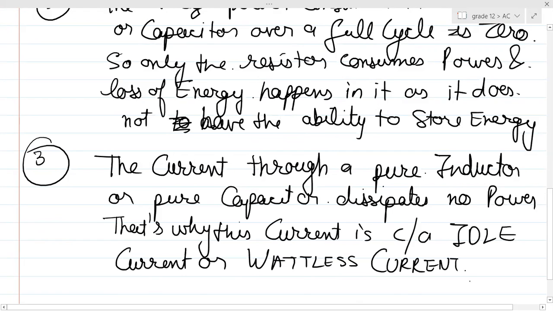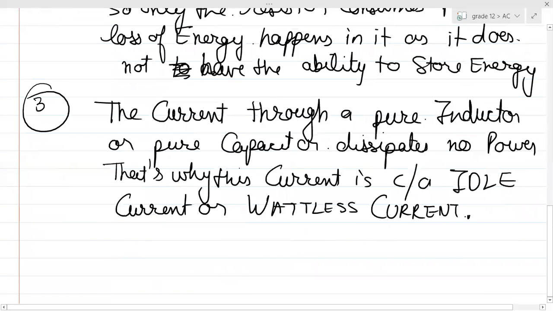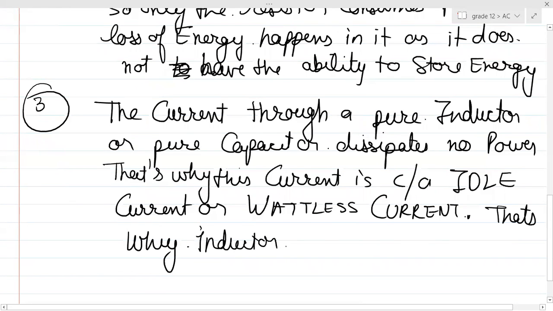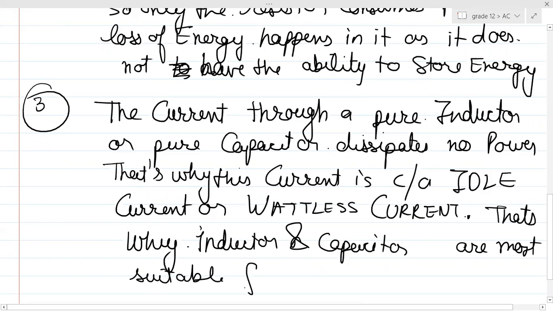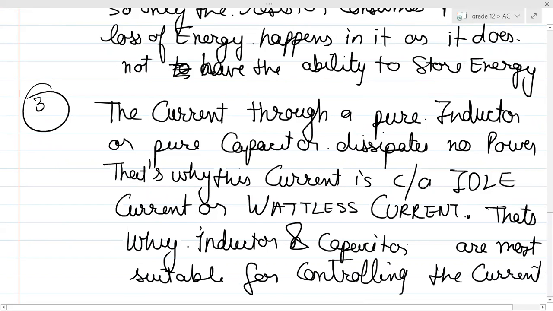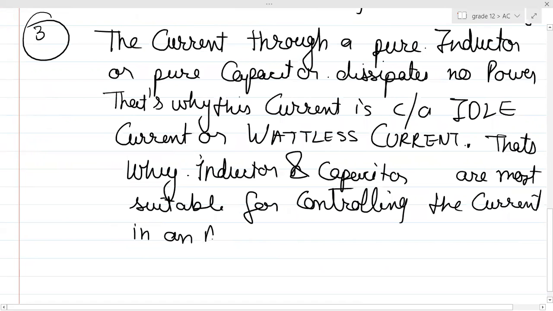Yes, sir. Since the power is not dissipated across the inductor or the capacitor, that's why the inductor and the capacitor are most suitable for controlling the current in an AC circuit.